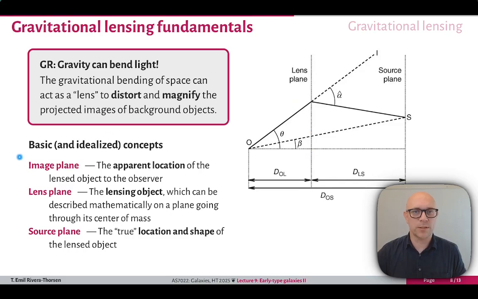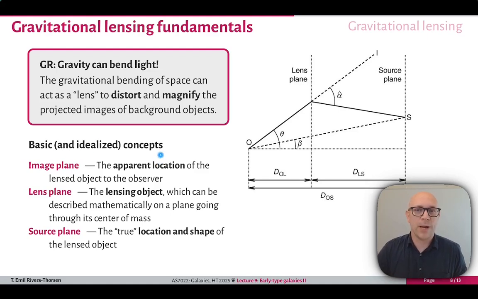And then we have this strange thing here called the image plane. Unlike the two others, the image plane is not a physical plane as much as it is a mathematical plane. If we think of the source plane as the plane where we have the source, obviously, and the lens plane as some kind of operator, then the image plane is the result of the lensing operation on the source plane, and it is the apparent plane that we observe.